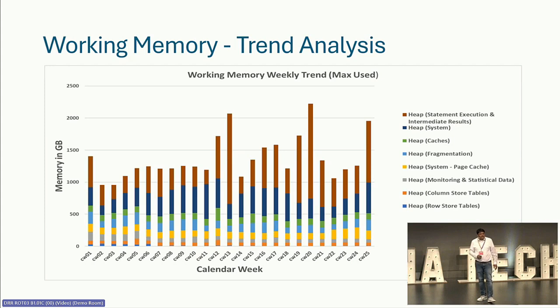Heap system could be any intermediate table, a translation table trying to map to the value IDs, or it could be the heap area occupied by your disk LOBs. Even disk LOBs have to be loaded into memory, which occupies a certain area in the working memory. And you could consider playing around with your garbage collection parameters if you want to make some optimizations.